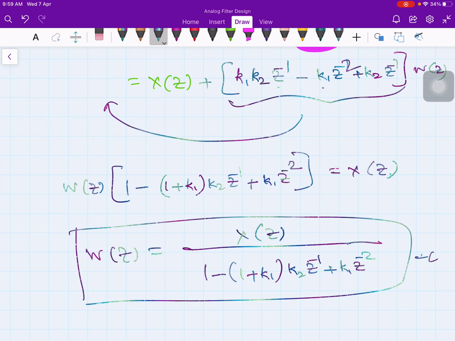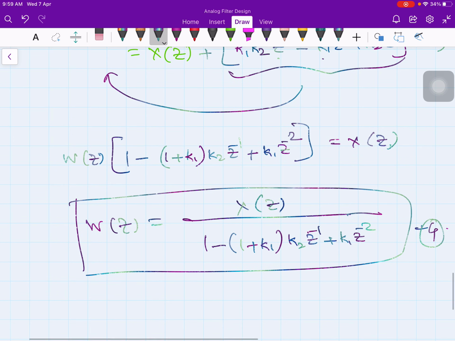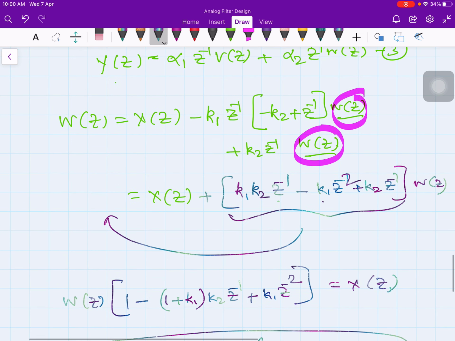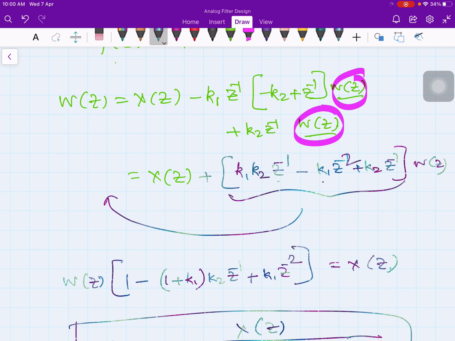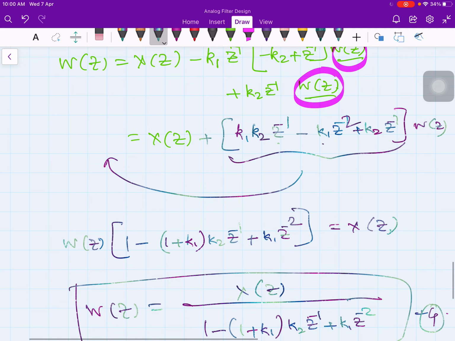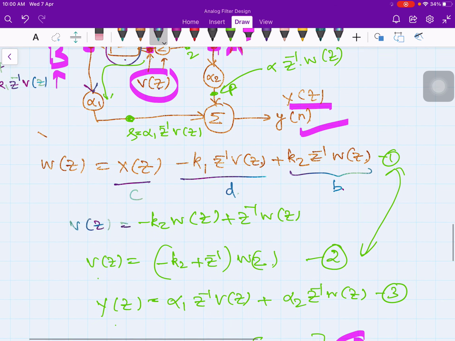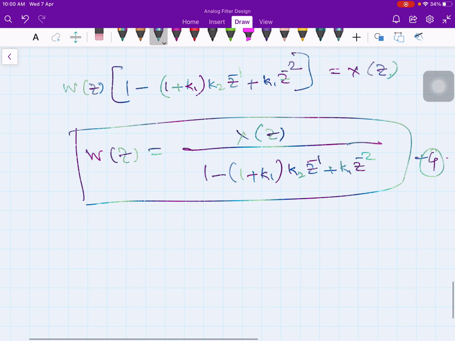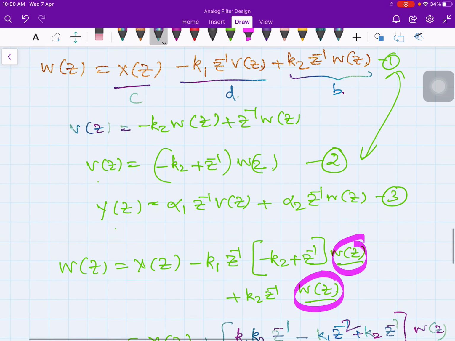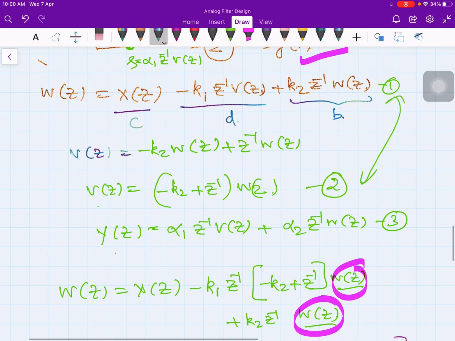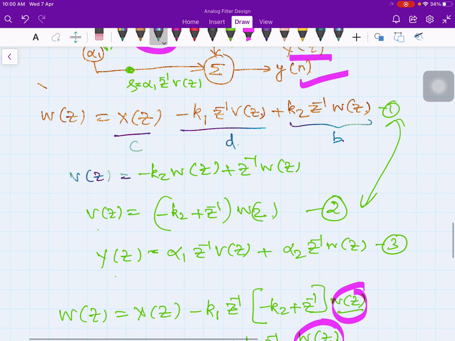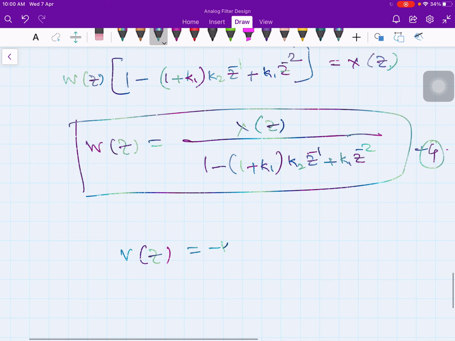Let's say equation number 4, and substitute this equation in equation 2. What is equation 2? This one. So what is v of z? V of z is minus k2 w of z plus z inverse w of z. You substitute here.